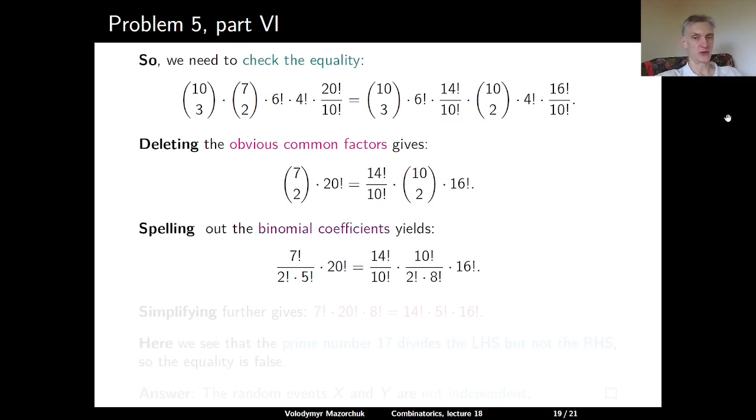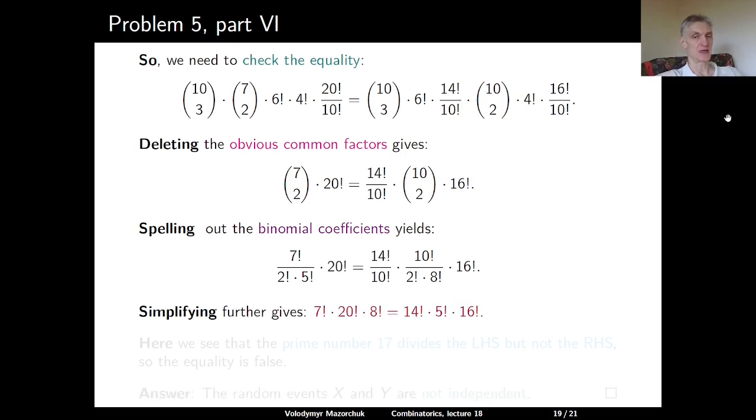Now we can write binomial coefficients using factorial, so the left-hand side is 7 factorial times 20 factorial divided by 2 factorial times 5 factorial, and the right-hand side will have in the numerator 14 factorial times 10 factorial times 16 factorial, and in the denominator 10 factorial, 2 factorial, and 8 factorial.